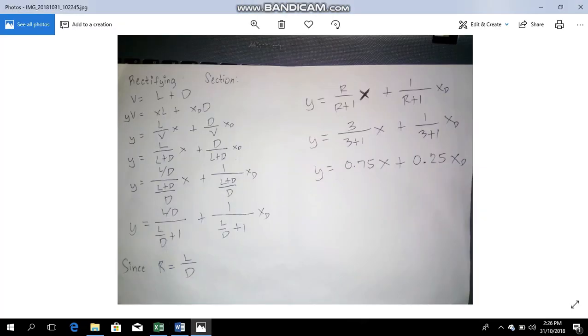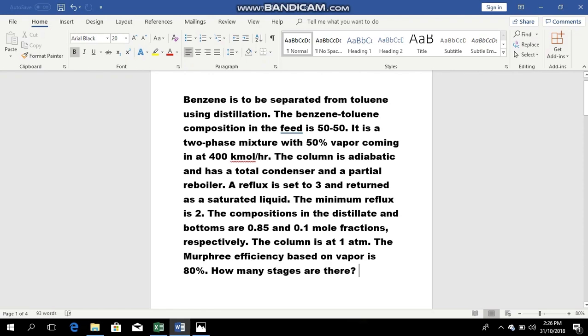The equation finally is y is equal to 0.75x plus 0.25xD. This is the slope. The slope is 0.75 and the y-intercept is 0.25xD. xD here, as given in our problem, is 0.85, the mole fraction of benzene in our distillate.